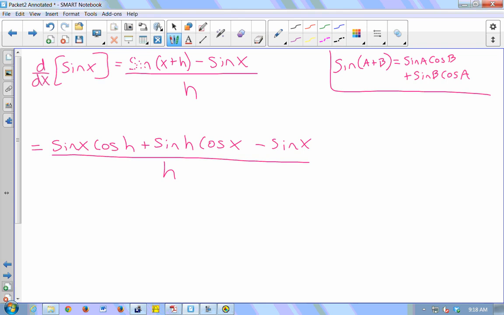All right, so now I'm just going to do a little bit of algebraic rearranging, and I should have, sorry, I can't believe I forgot to write this: limit as h goes to 0 of all this. Right, that's an important thing.